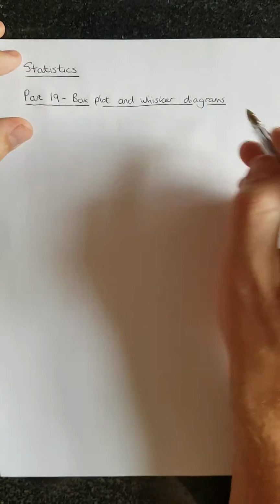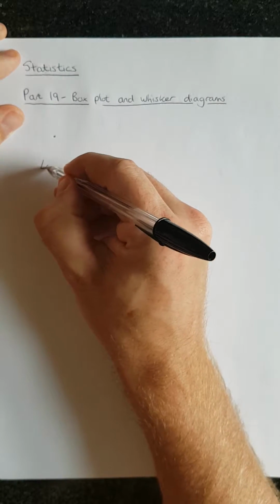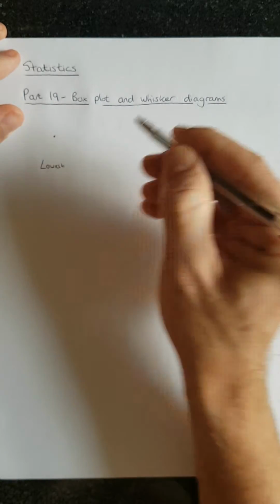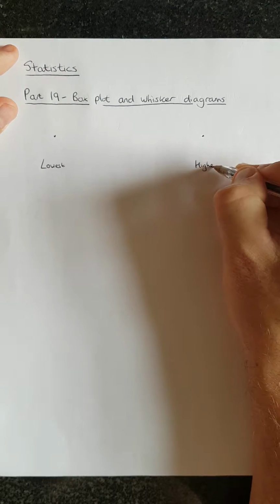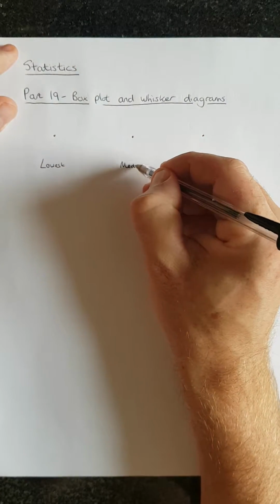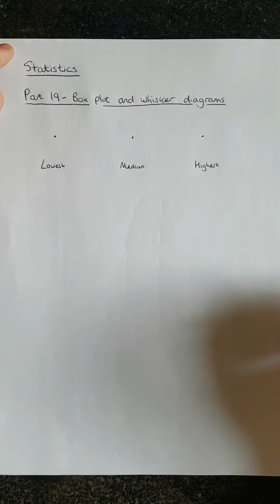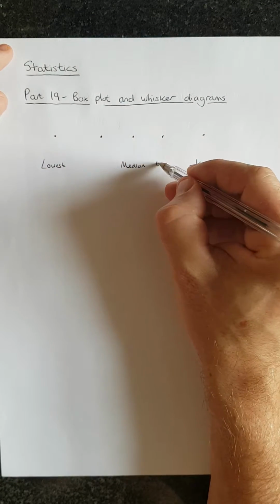So, the key values for any set of data are as follows. The lowest value, because we'll always need that to be able to find the range. The highest value, for the same reason. The median, and as we've just learnt, the upper and lower quartile.